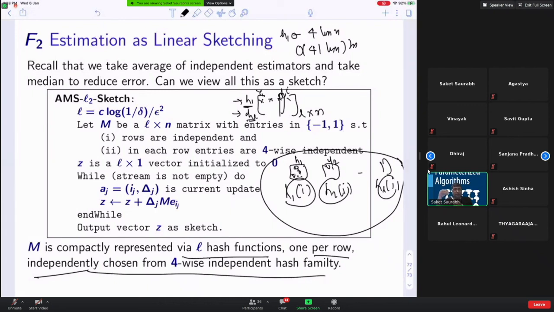So if you give this as a sketch, what do you return as an L2 estimate? Tell me, what will you return as a possible F2 value?